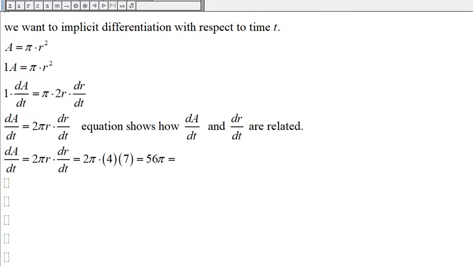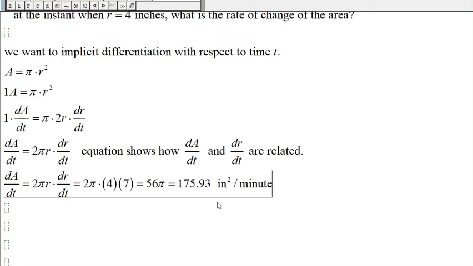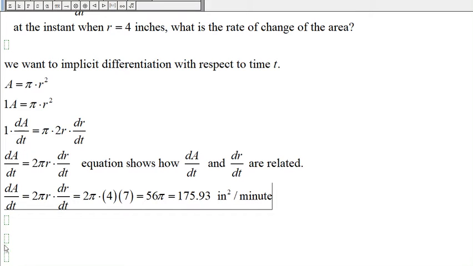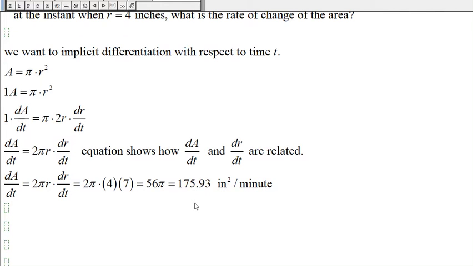When we multiply this out, it comes to about 175.93. And this is area, so it's square inches per minute. At the instant when the radius is 4, the area is changing at a rate of 175.93 square inches per minute.